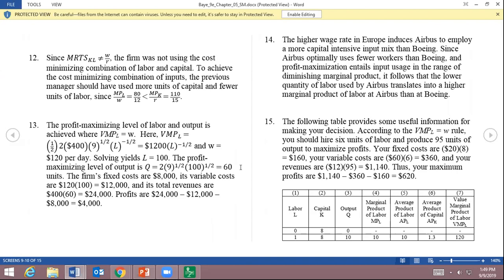This is my fixed costs, my capital equipment, right? And this is my total revenue. And so we end up getting 24,000 minus 8,000 minus 12,000. And so our total profits end up being 4,000.